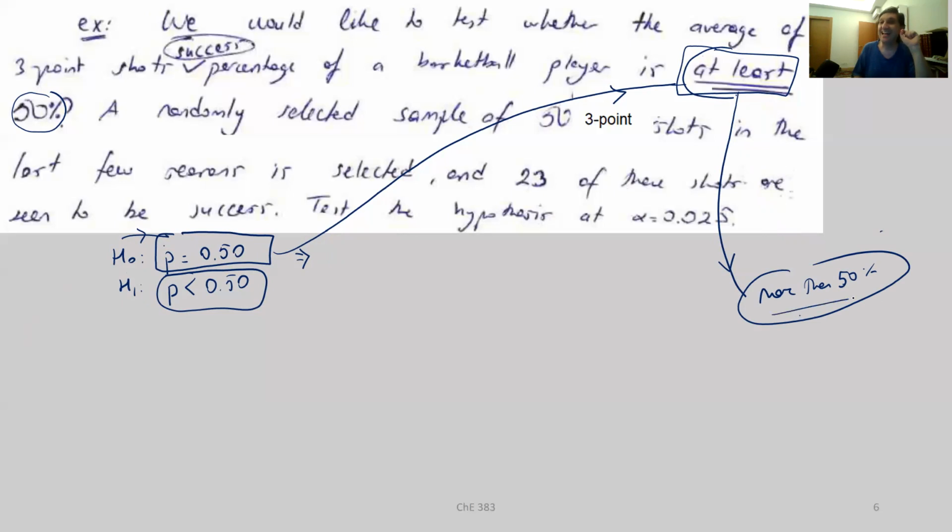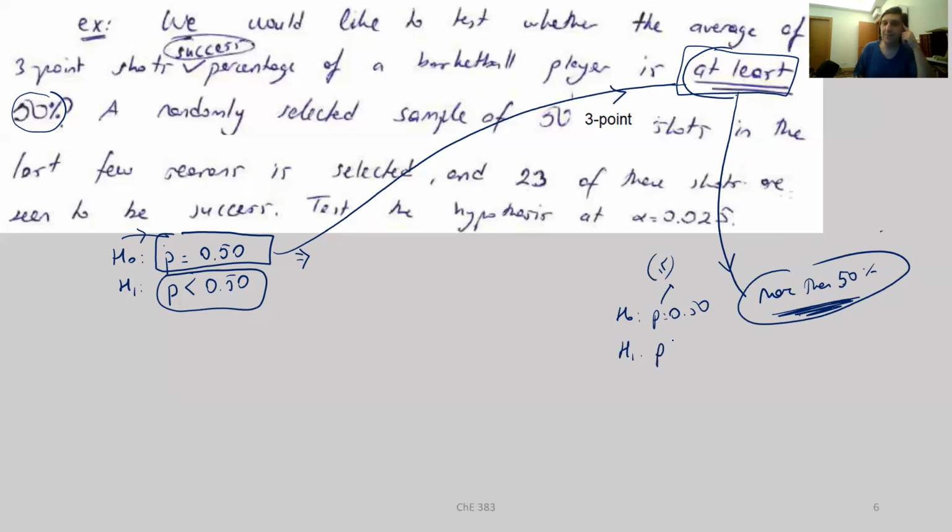In this case, this would be the novel or the bold suggestion, and that would be put in the alternative hypothesis. So if the statement were "more than 50%", then the null hypothesis would again be 50%, but this would also include smaller than here.